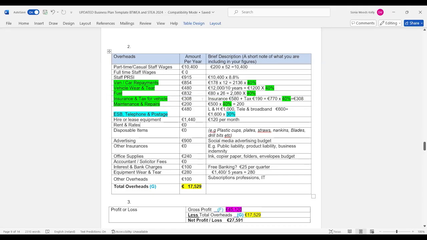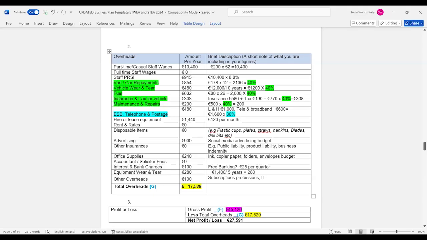The next item then is fuel. So in this example, I'm estimating that I will spend 80 euros each time I fill up with fuel, and I fill up every 2 weeks, which is 26 times a year. So the annual fuel costs are 2,080, and then once again, 40% of that is going to be for business.